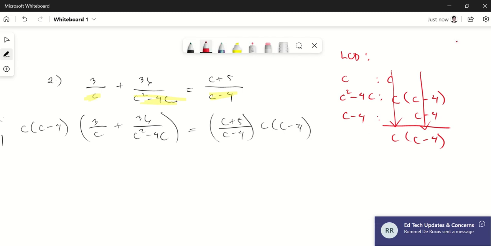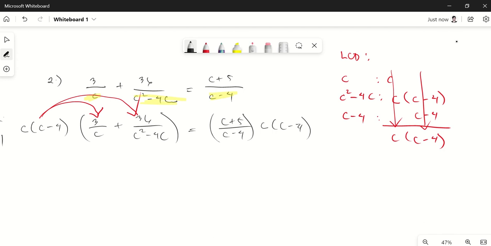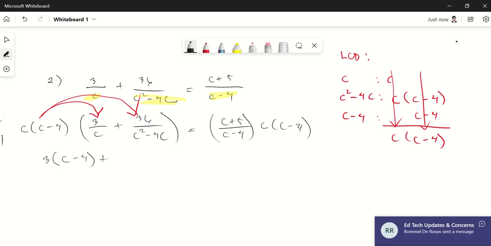Then here, on the left-hand side, you multiply the LCD to both terms. You distribute. If you multiply the LCD with 3 over c, the c will be cancelled out, and you have 3 times the quantity of c minus 4. And then, if you multiply the LCD to 36 over c squared minus 4c, take note that c squared minus 4c, if you factor that out, is c times the quantity of c minus 4, which is the LCD itself.